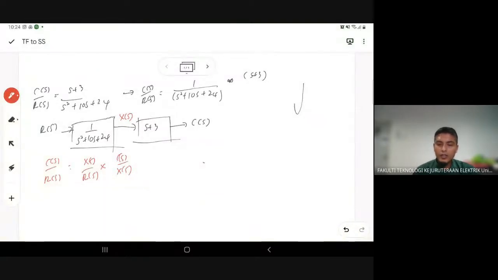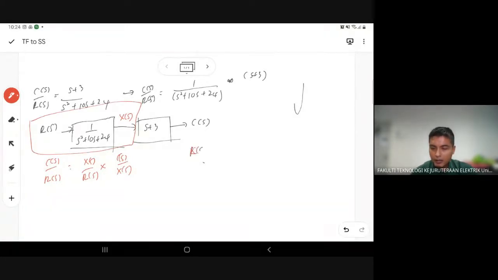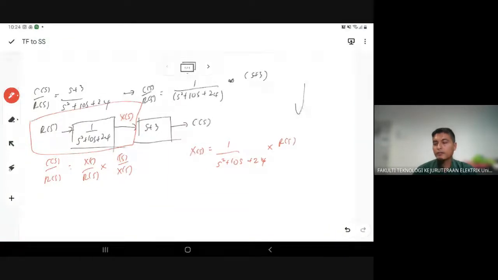So firstly, for the first part here, the X(s) actually is 1 over s square plus 10s plus 24, multiplied with the R(s).